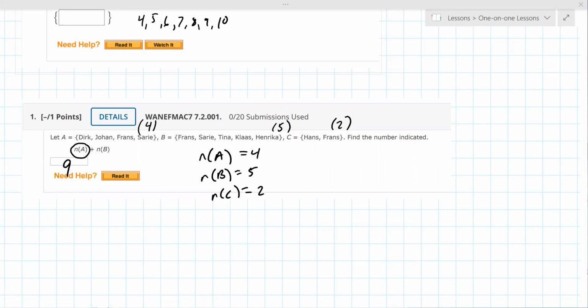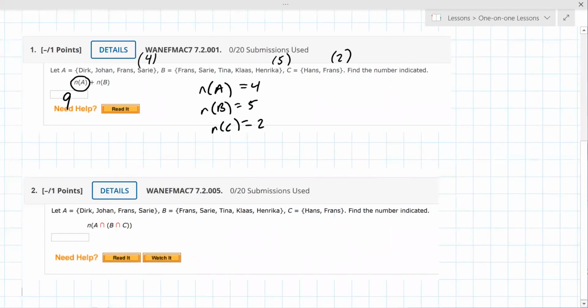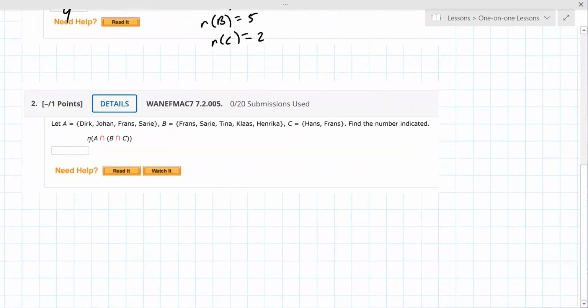The next one is a bit harder because it's got more involved in it. So we'll talk about that one. Okay, so question 2 here. It says find the number of A intersect B intersect C. So we've got B intersect C first, the overlap between B and C. What I like to do is check mark the ones that are the same.